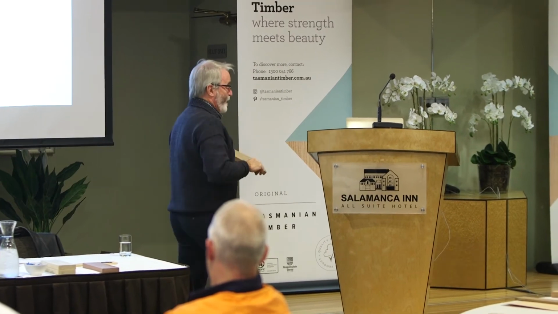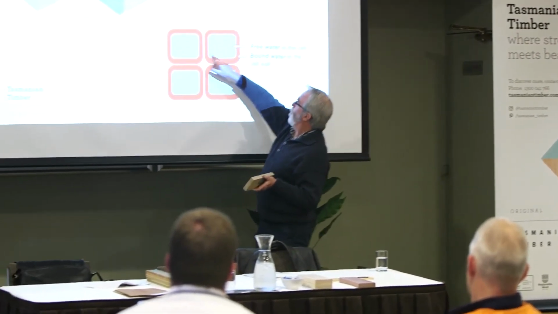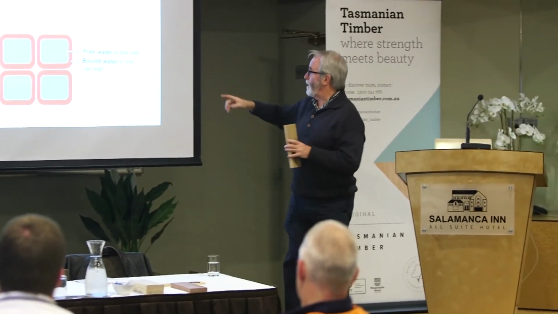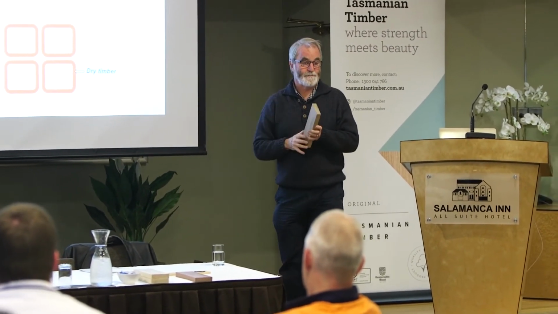But it isn't when it starts. So what happens is that you have a cell and the cell is full of water. That's called free water. There's then water in the outlying cell structure itself. That's called bound water. The water dries out and then the water comes out of the cells and the cells shrink.